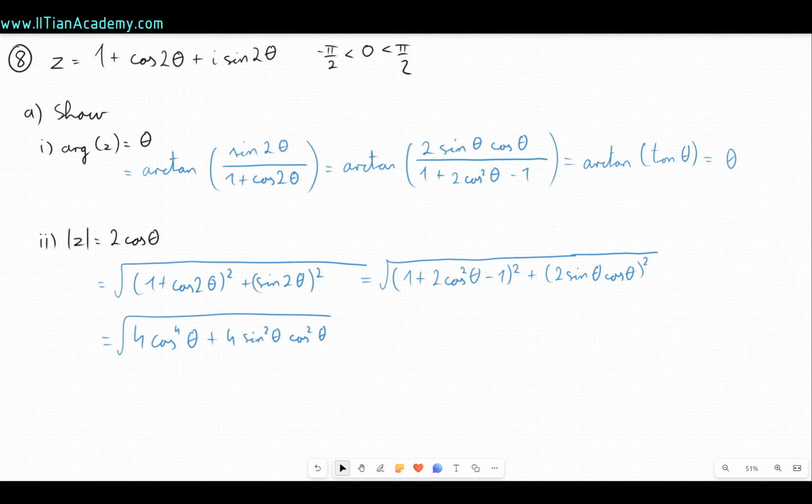We can factor out the cosine squared. So what we are left with is just the cosine squared theta plus sine squared theta. And very nicely, we see cosine squared plus sine squared is just 1. So what we're left with is under the root 4 cosine squared theta. We can just take the square root of that, and so we are left with 2 cosine theta.